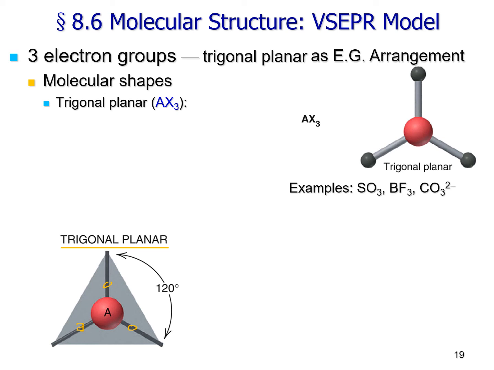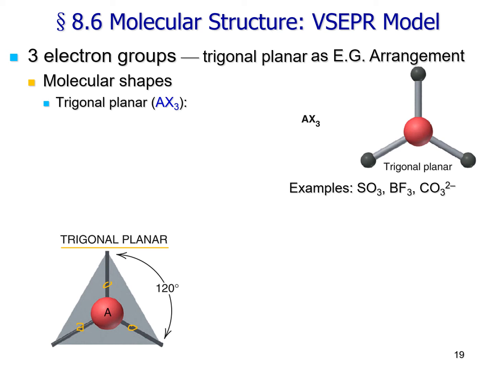That is very important. The difference between bonding pair and lone pair is that the bonding pair has an atom at the end of this pair of electrons. Lone pair, no. So we can have a certain group of molecules that has the same spatial arrangement as the electron group arrangement, or electron group geometry.